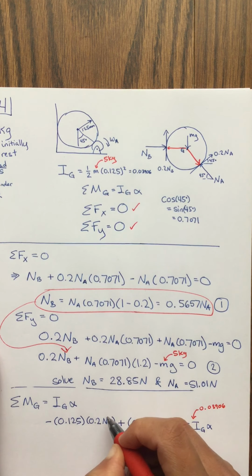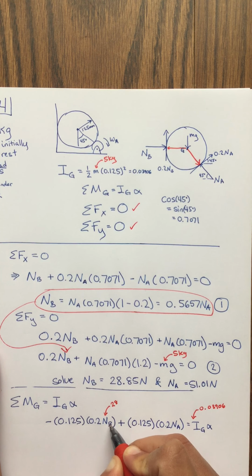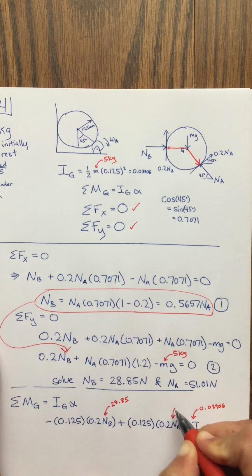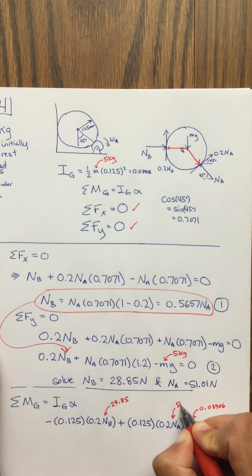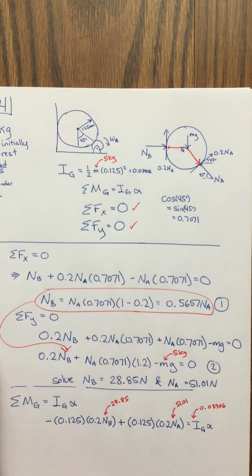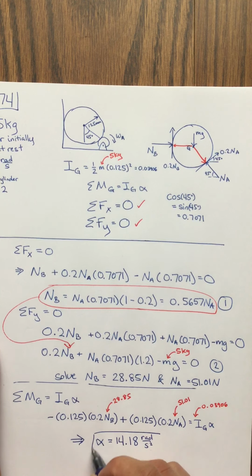And we have the normal force between the wall and the cylinder is 28.85, and between the rotor and the cylinder is 51.01. So taking these and plugging them in here and solving for alpha, we get 14.18, and this would have units of radians per second squared. And that concludes problem 74.